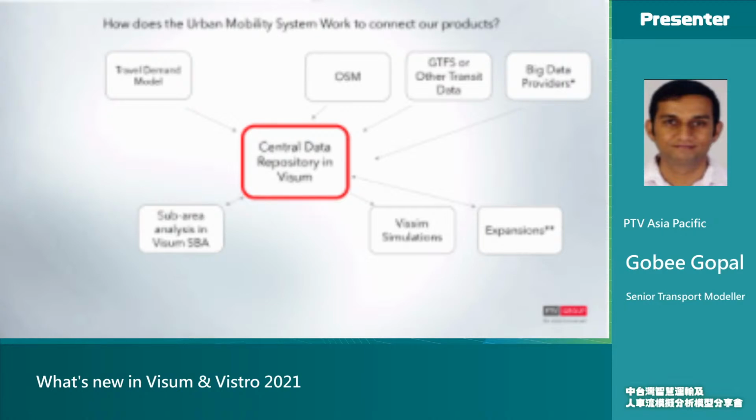Travel demand models, OpenStreetMap (OSM) data, GTFS for public transport, and big data providers. Once you have the central data in Visum, you can export to Vissim, or you can cut a small area and run it in Vissim.